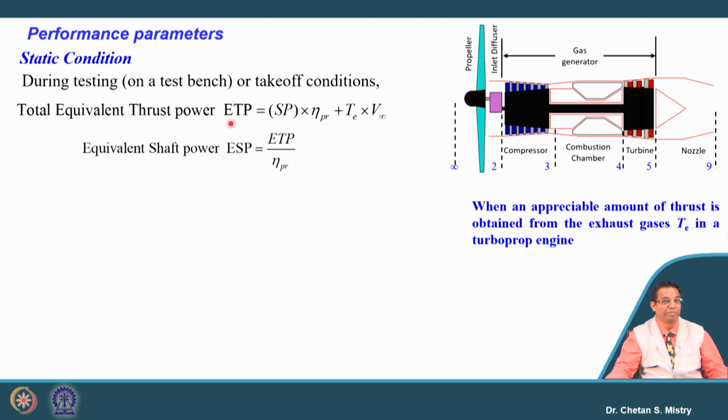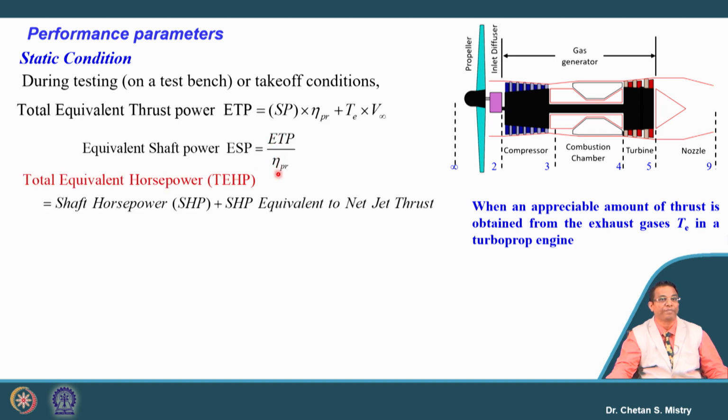If you recall, in the first week we introduced this term: when a sufficient amount of thrust is generated by the exit nozzle, then we need to go with equivalent thrust power, otherwise shaft power is sufficient. This represents the thrust power because of both the propeller as well as the nozzle. So here equivalent shaft power is equivalent thrust power divided by propeller efficiency. Let's get the new formulation.